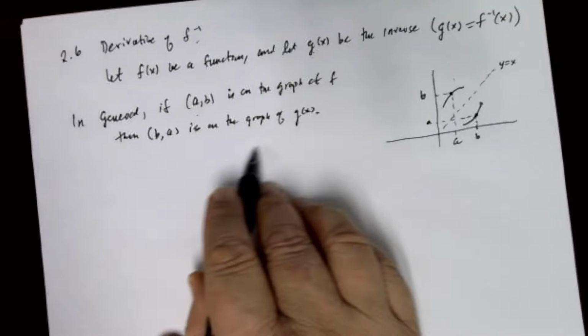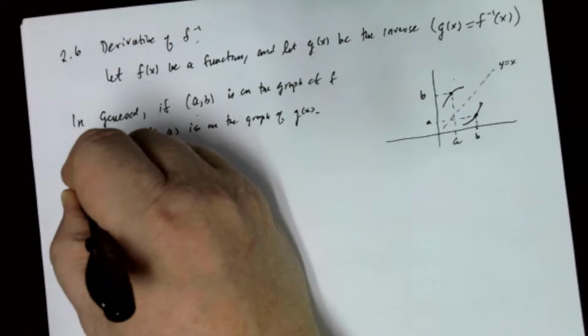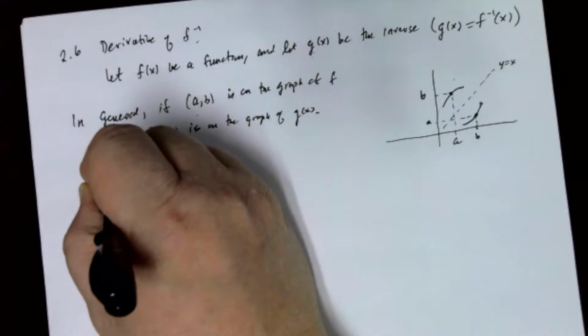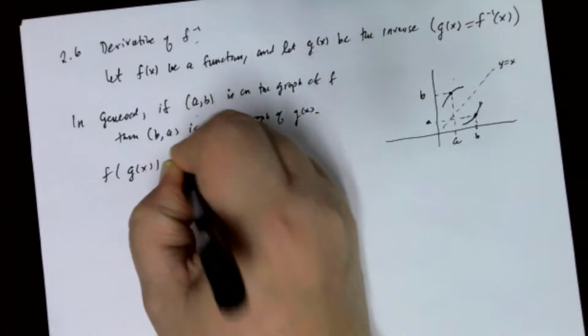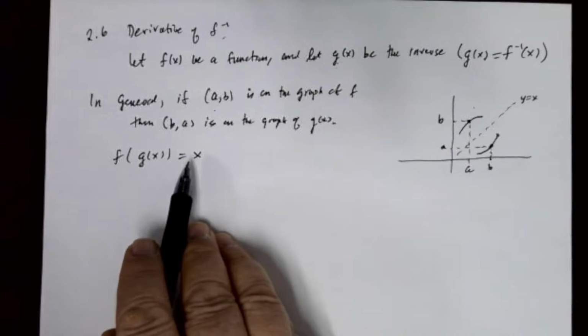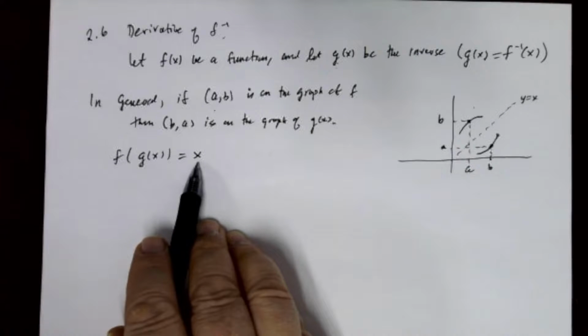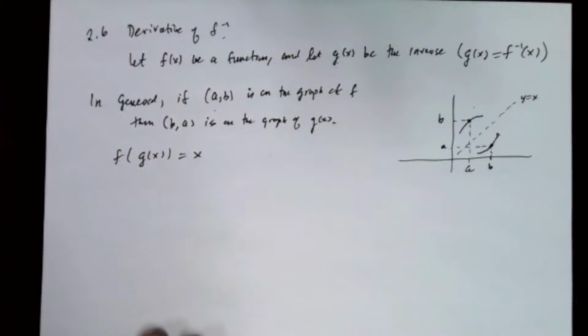All right. Now, let's go ahead and take the derivative. So we know that because f and g are inverses of each other, we have that f of g of x is equal to x, right? For all the x in whatever restriction we are. Remember that sine and cosine, for example, had to be restricted for the function to be invertible.